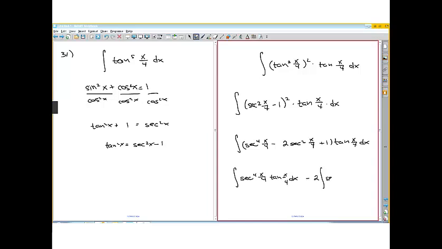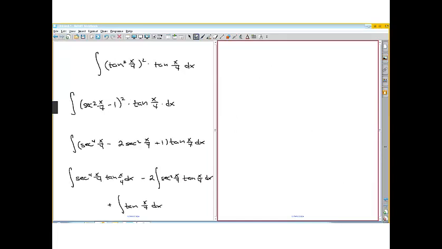Then I'll have negative, I'm going to factor out the 2, negative 2 secant squared of x over 4 times tangent of x over 4 times dx. That's this part. And then the final part is just going to be the integral of the tangent of x over 4 dx from 1 times that.